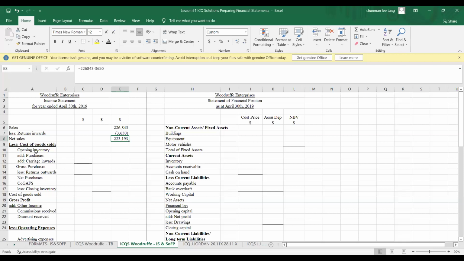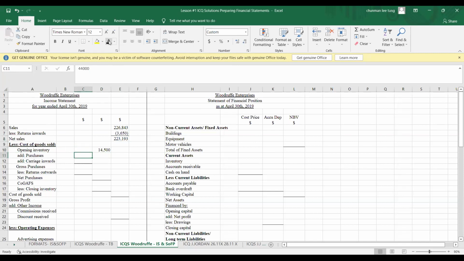So we go to the other segment here of the trading account, which is your opening inventory, also called your opening stock. And that will be found in the trial balance. And we saw the figure to be $14,500. Then we had a purchases figure. So again, you're ticking off when you account.